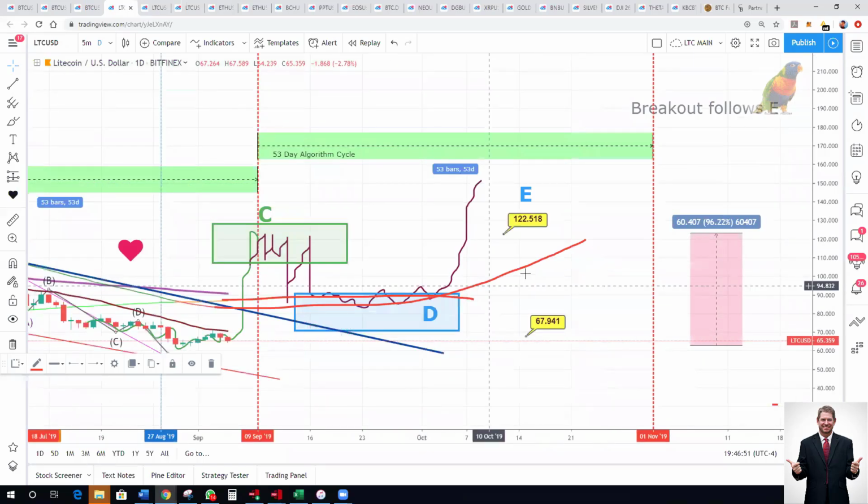We do expect something here as well, where we could go up, it can come down, and then it makes an even bigger high. But that is still yet to play out. This could go sideways, maybe up till 26, 27, 28, the end of September, and then we have the breakout.